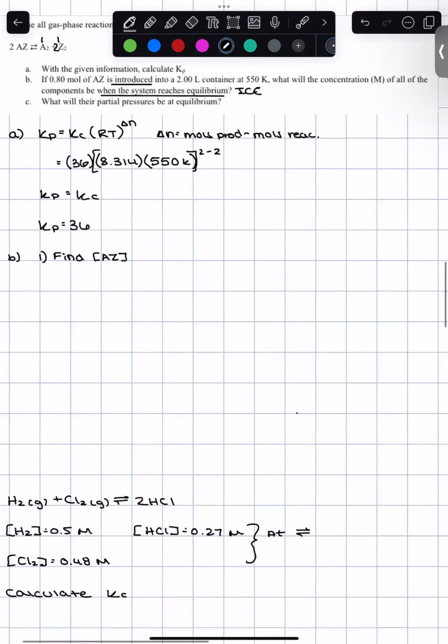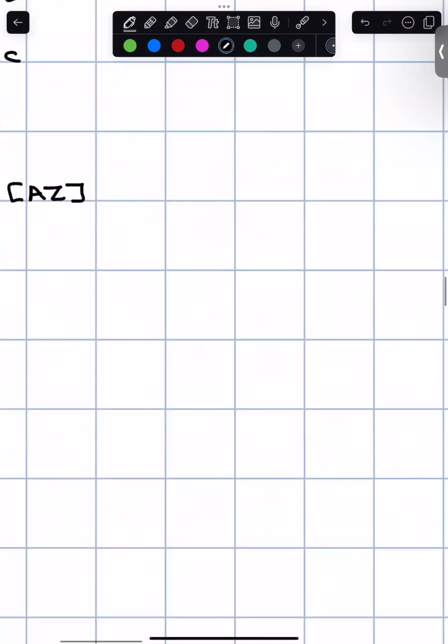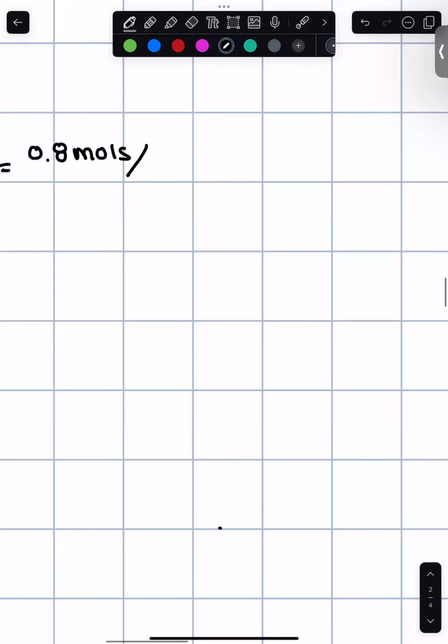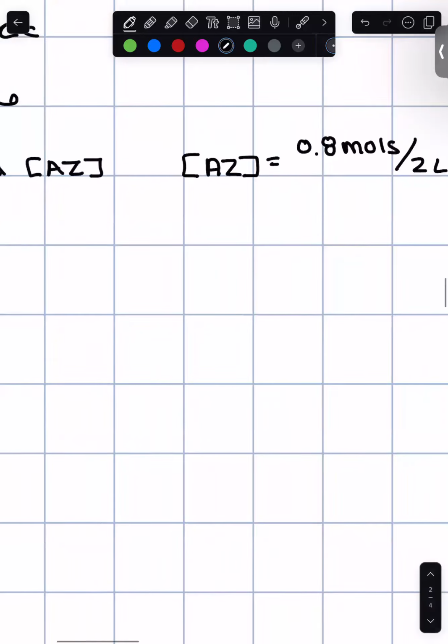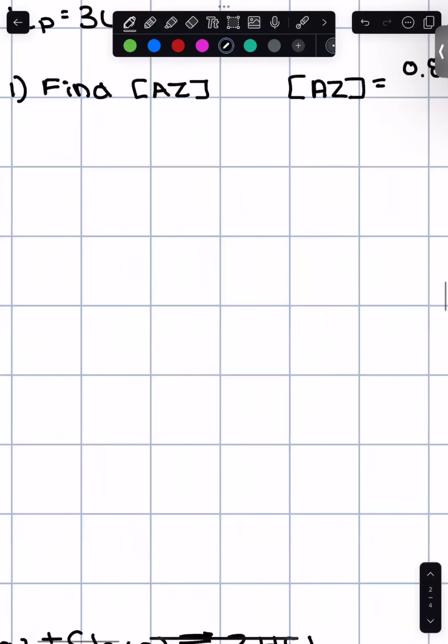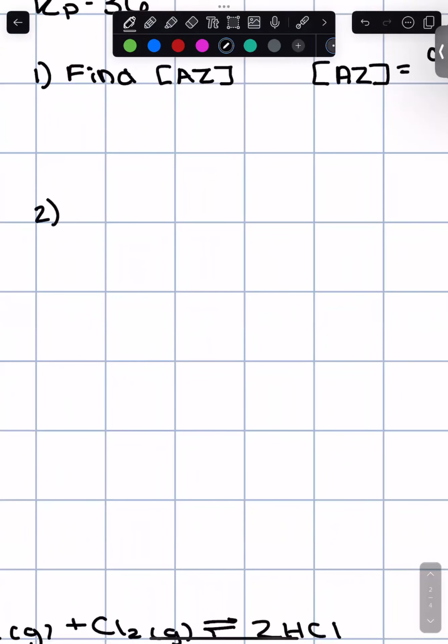So they said 0.8 moles in 2 liters. So the concentration of Az is equal to moles over liters. So 0.8 moles over 2 liters is equal to 0.4 molar.